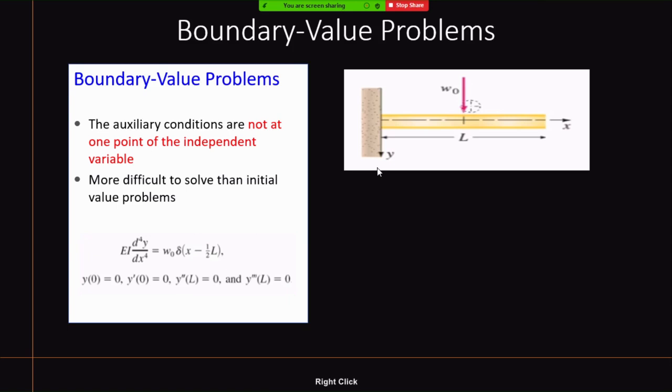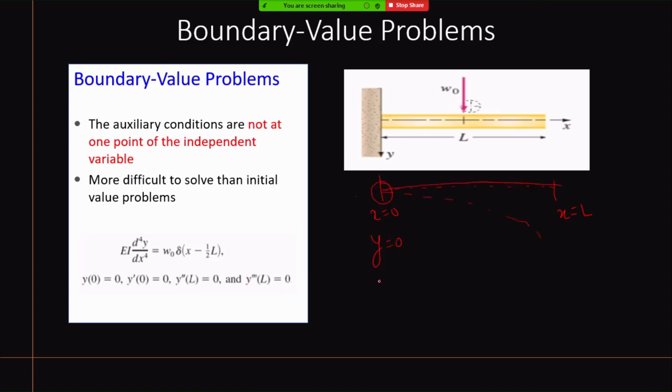I am going to apply a force here, and it is going to deform in this fashion. That deformation with respect to x is what I am going to determine. But at x equal to 0, my displacement is 0. At x equal to L, I don't know how much deformation there is. Also, I am going to put one more condition here.